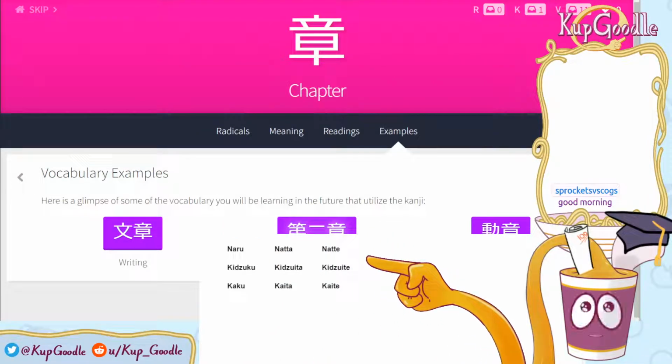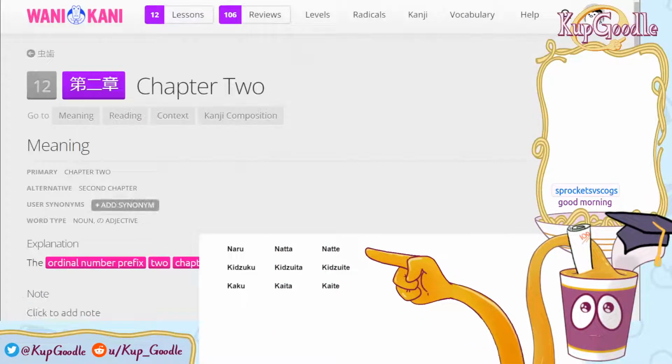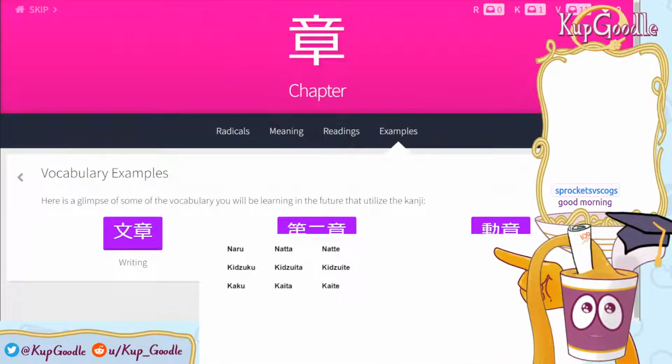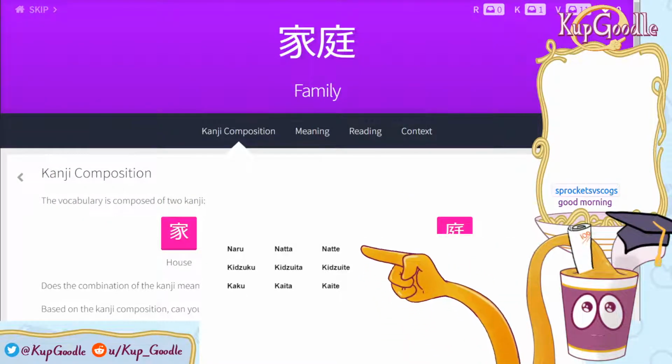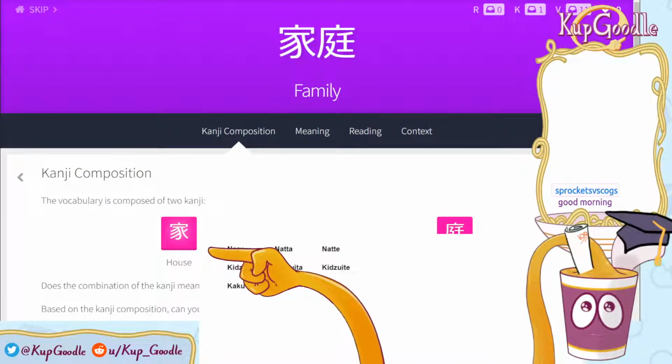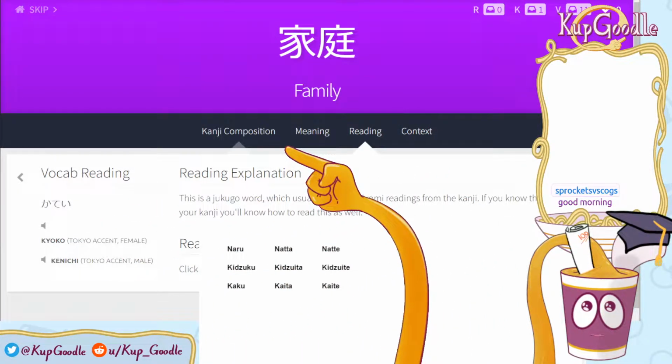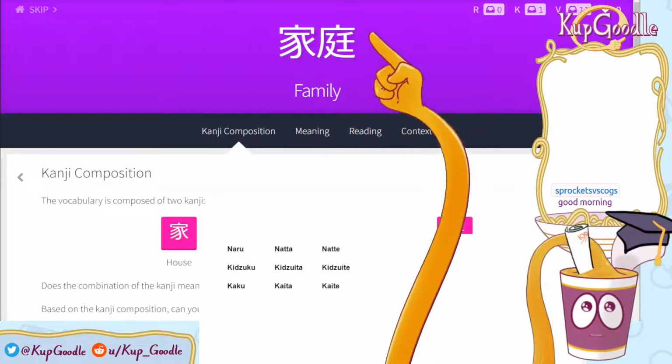Chapter 2. Dainishou. Decoration, something like that. This one is family, is kazoku. House, ka. Kate. Oh, right.